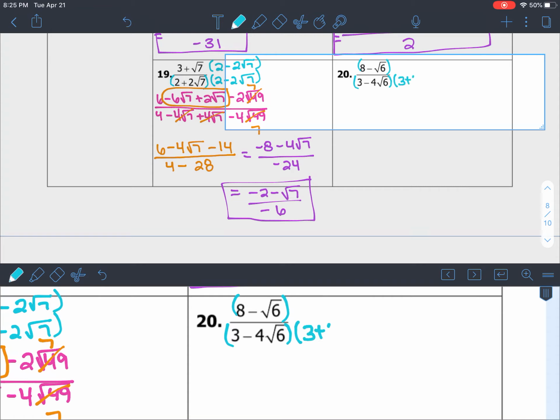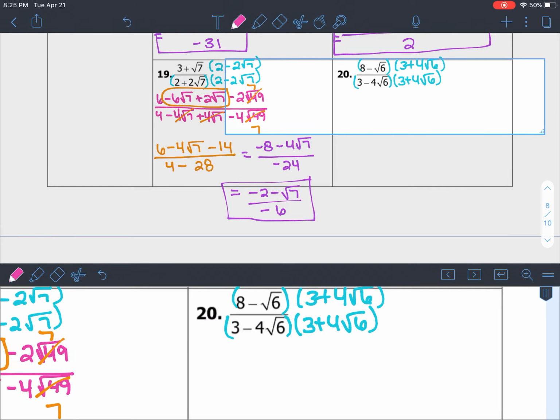Again, you multiply the numerator and denominator by the conjugate. And then we carry out that multiplication. So on top, we're going to have 8 times 3, which is 24. 8 times 4, which is 32, square root of 6.